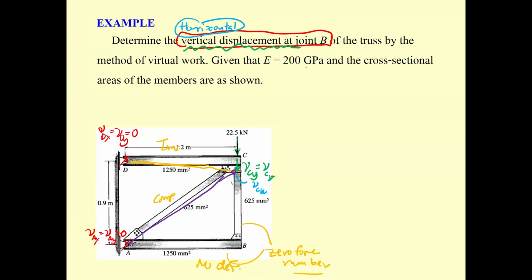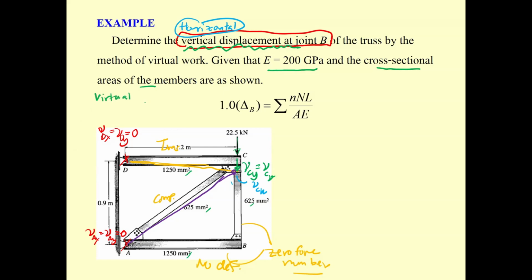The truss is steel, and the cross-sectional area of the member is specified over here. Now, write down the so-called virtual work equation.